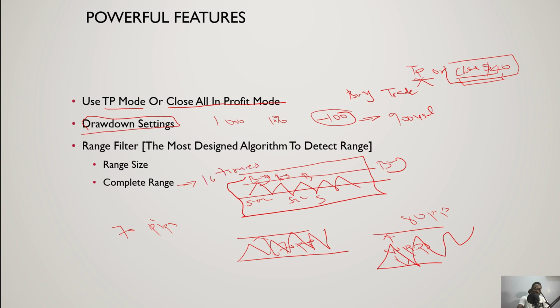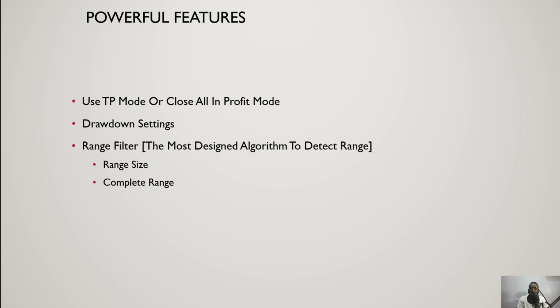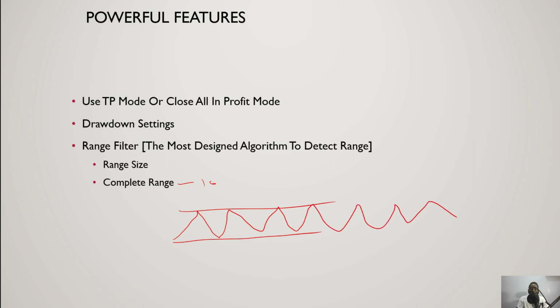It means this EA will be waiting for the price to go zigzag 16 times or 18 times, whatever you set. So it will be counting it: 1, 2, 3, 4, 5, 6, 7, 8, 9, 10, 11, 12, 13, 14, 15, 16.